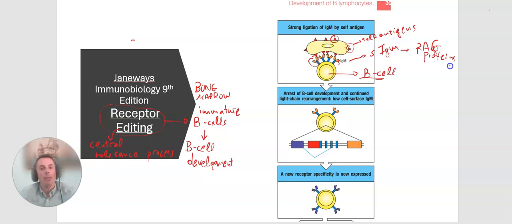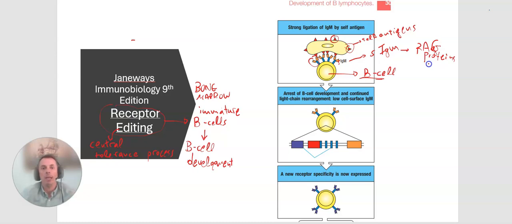We'll explain this in another video about the specific role of RAG proteins. Keep that for now. They play a role in recombination of the gene segments. If the receptor is not self-reactive, the absence of surrogate IgM cross-linking allows gene rearrangement to cease, and B cell development continues with RAG proteins eventually disappearing.